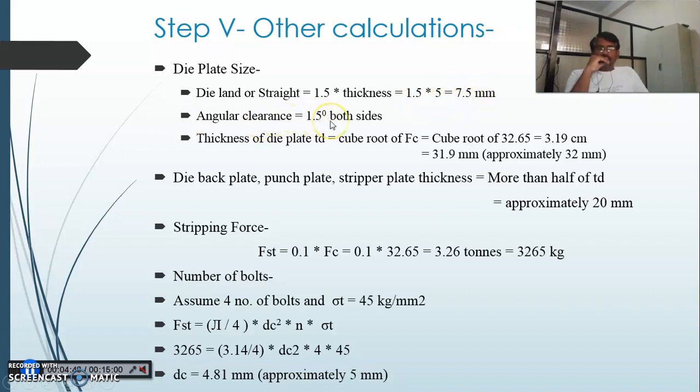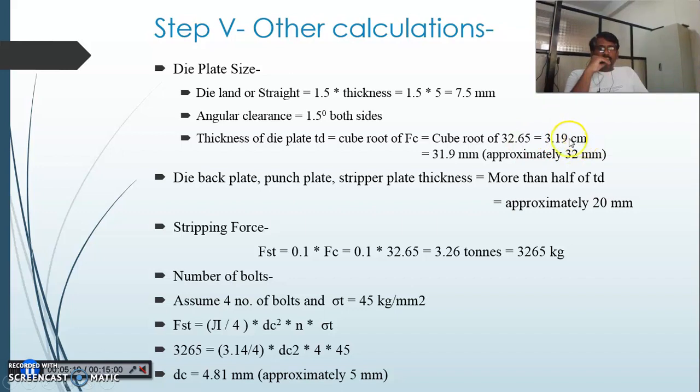Angular clearance we have to put 1.5 degree both sides, and the thickness of the die plate TD is nothing but the cube root of FC. Here you have to consider FC in tons, so the cube root of 32.65 ton gives 3.19 centimeter.